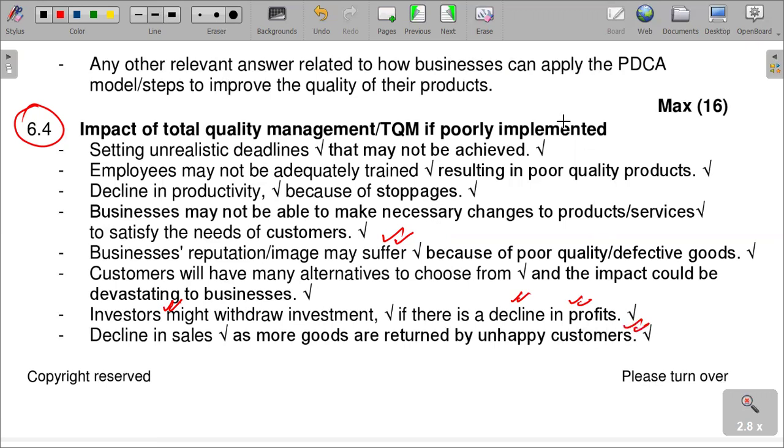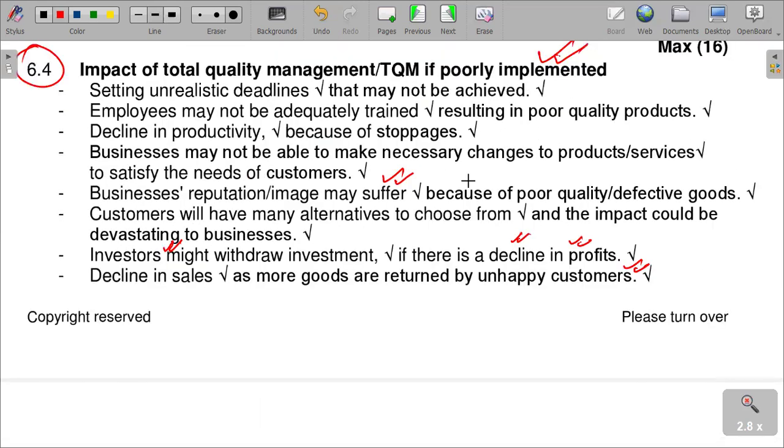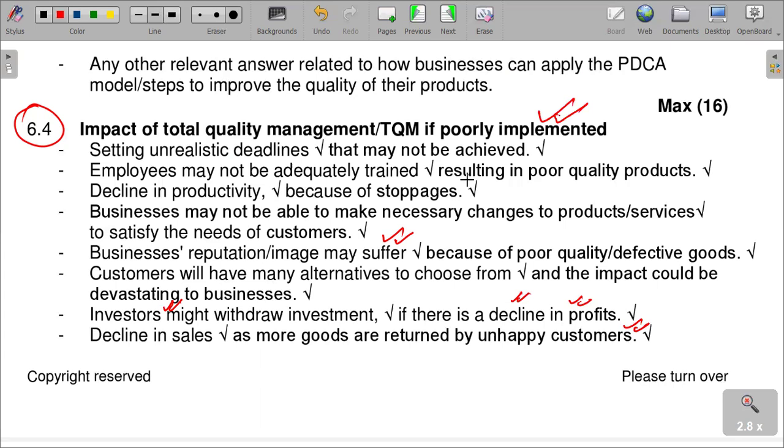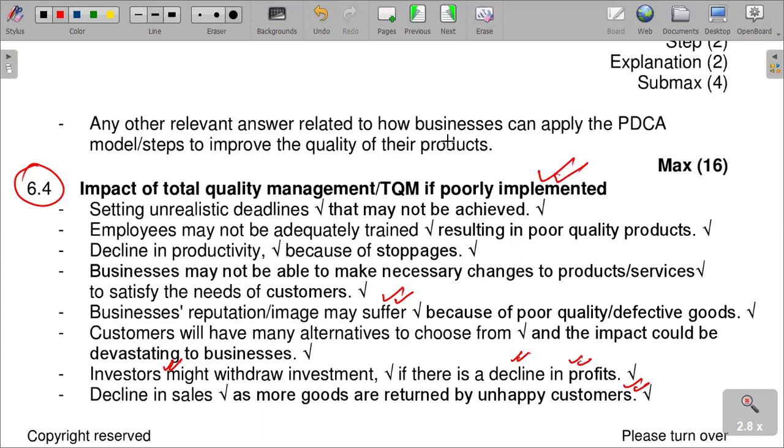When customers return the products, there is a decline in sales that is causing a lot of losses. The provision for returns is also in the Consumer Act. The happiness of customers is quite important. Hence, businesses may also suffer as a result of a lot of returns on goods that customers might have bought.